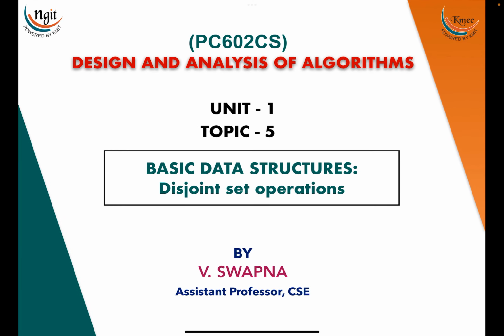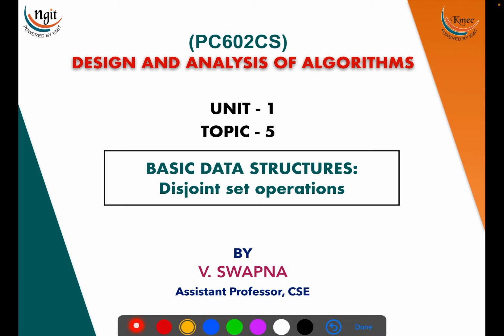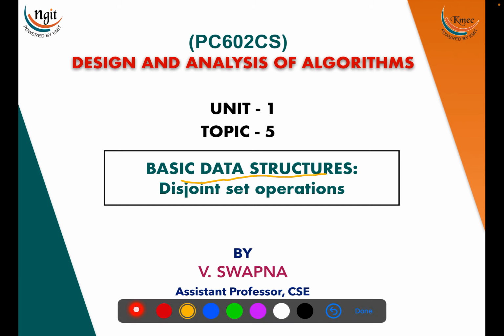Hello everyone, welcome back to another session in Design and Analysis of Algorithms, topic 5, and the topic name is basic data structures. In basic data structures, we are aware of linear data structures and non-linear data structures.